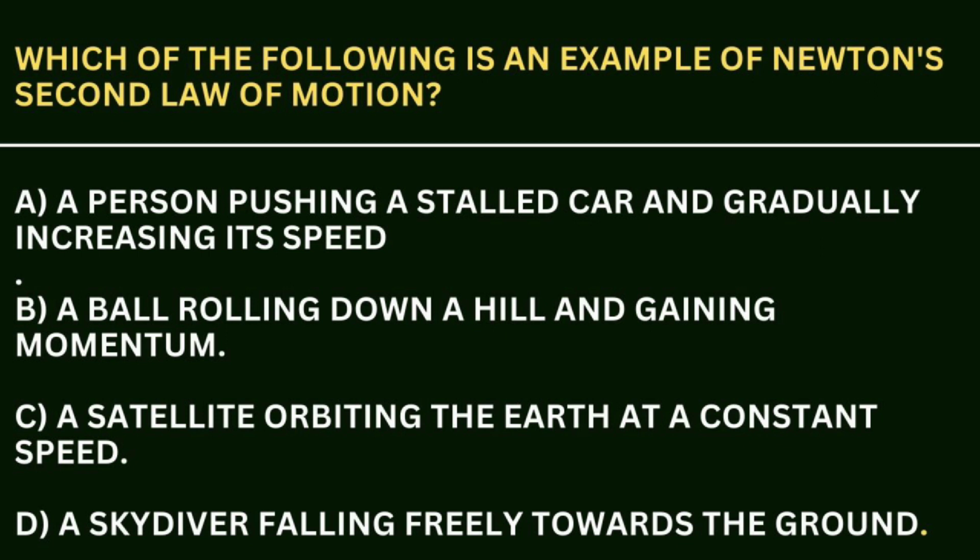Which of the following is an example of Newton's second law of motion? Option A, a person pushing a stalled car and gradually increases its speed.